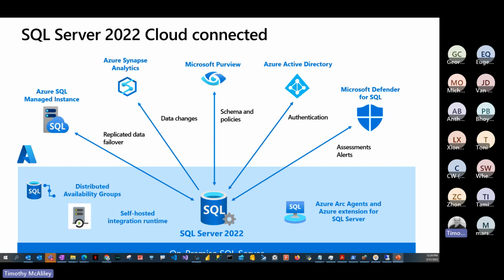We'll talk about Azure Active Directory authentication and things you can leverage if you've got the Arc enabled extension, where you can leverage Microsoft Defender and, of course, Azure Active Directory and Purview and make your other connections. We'll also talk about the ability to leverage things like distributed availability groups, and we'll dig in a little bit more into the agents and some of the things like self hosted integration runtimes.